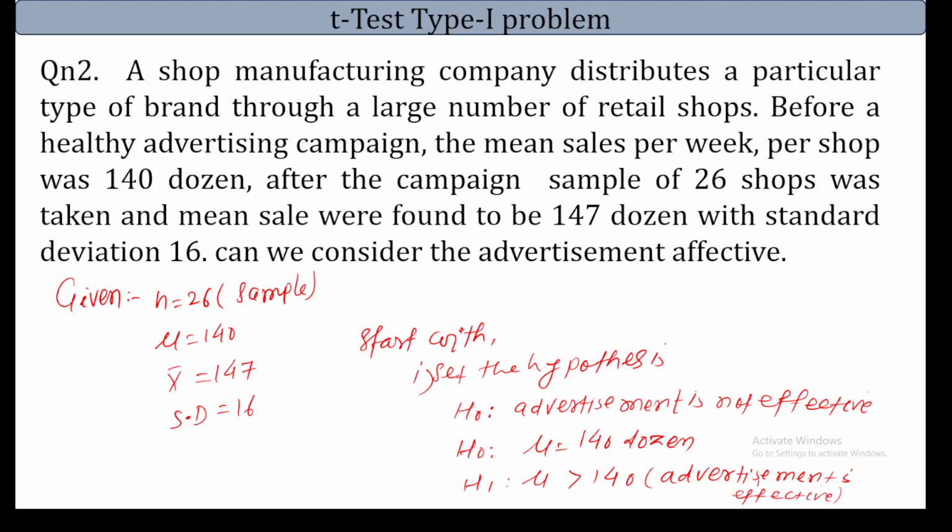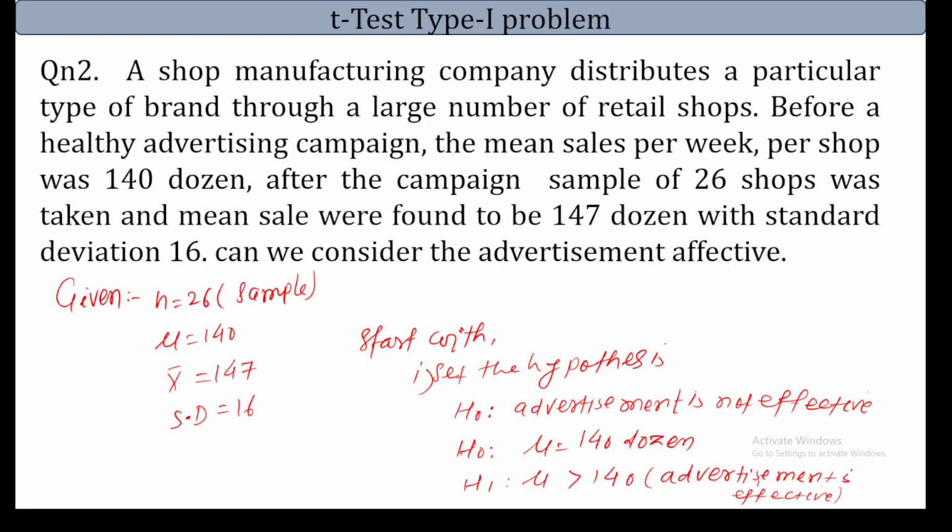This one you understood, na? Before the campaign, let's say we have one company that was not doing any campaign for advertising. The sale was 140 dozen, but now when we have put the advertisement, it went to 147. So the null hypothesis says the advertisement is not effective, meaning the mean was 140.